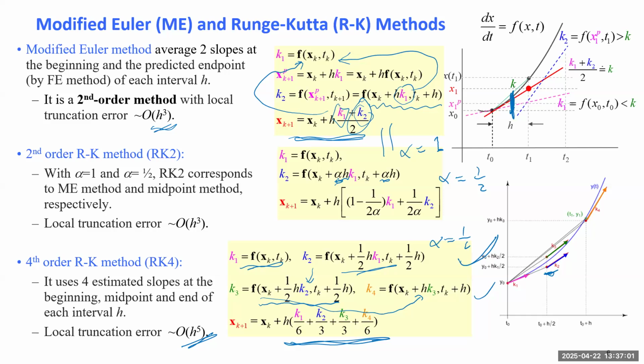At the middle point, you also calculate K3. Then finally, you calculate K4. To approximate the true slope from the beginning point until the ending point, you average those four slopes using their weights. So that's the fourth order Runge-Kutta method.